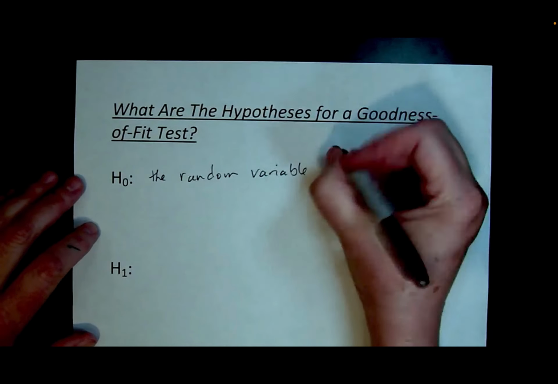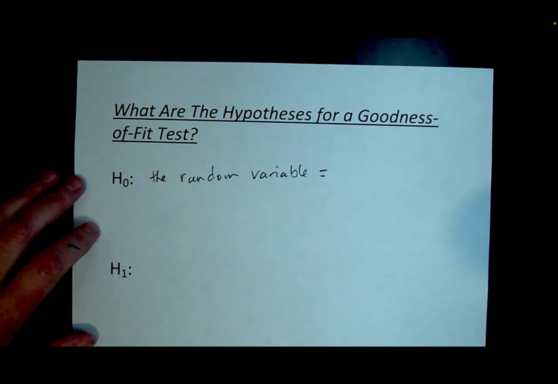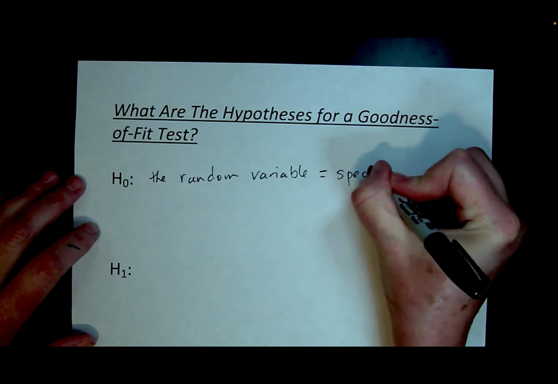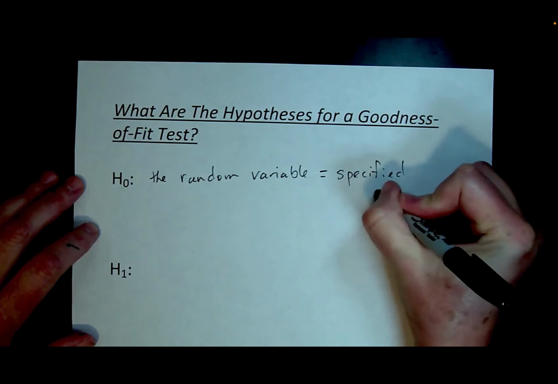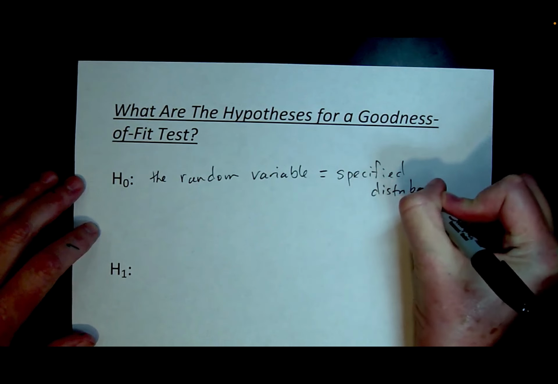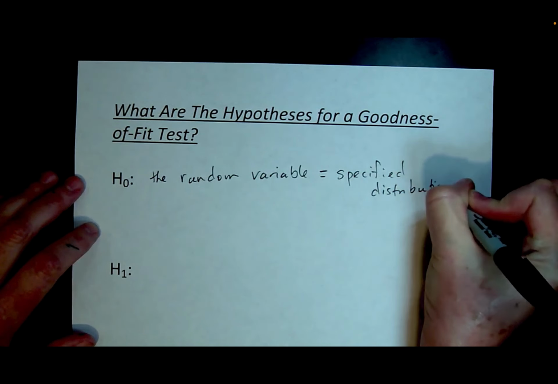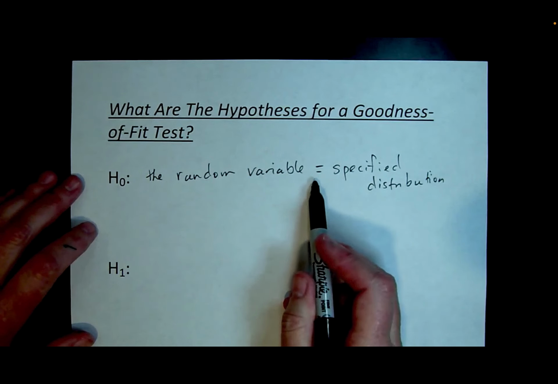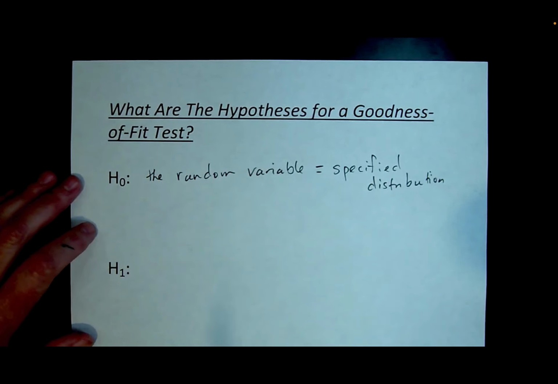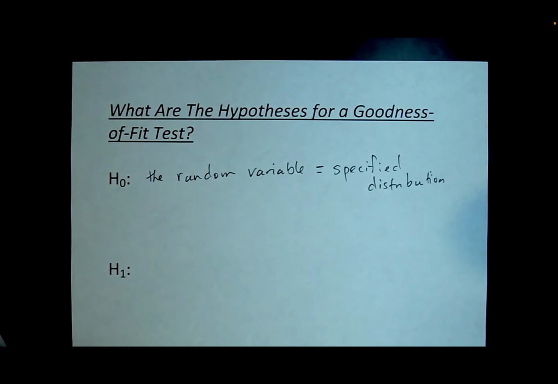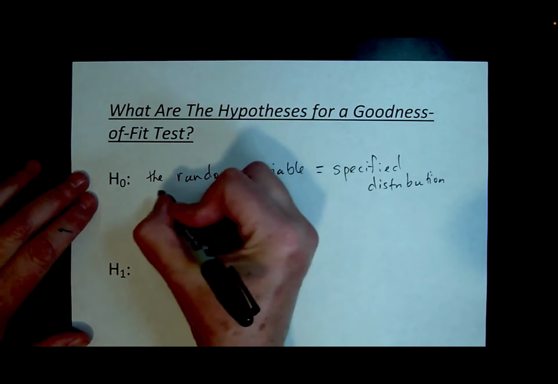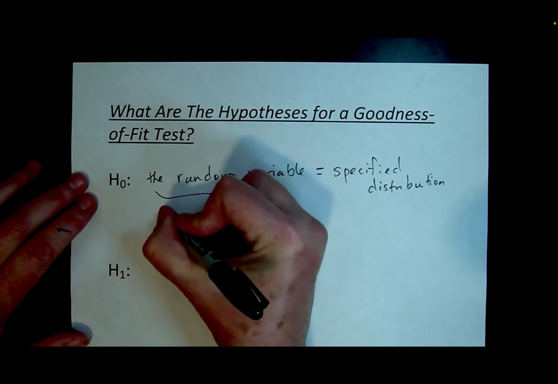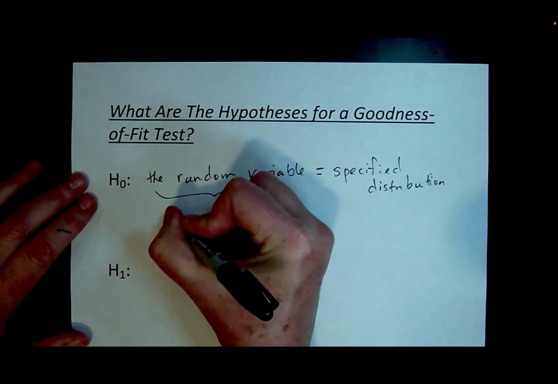So the null hypothesis is going to be that the random variable is the same as the specified distribution. Now, I'm using this equal sign very loosely. I'm using it as a shorthand for just saying they're the same. And by the random variable, I'm talking about the distribution that we're testing.